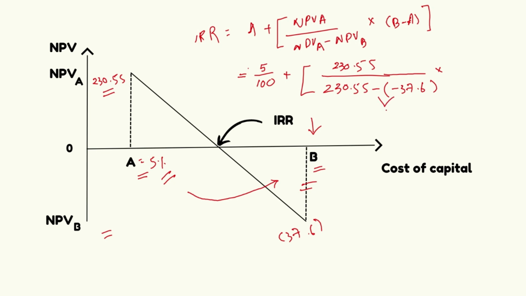It will become a positive value. So this whole denominator of this equation will be plus 37.6. So when you calculate IRR, simply put the positive sign into your calculator without having to input minus and then again a minus, because sometimes you might forget to use one minus value. If that happens, the answer will be incorrect. So simply add these two NPV values in the denominator.